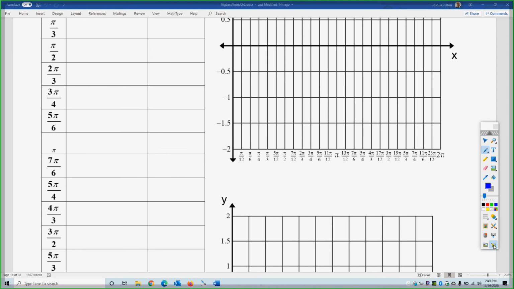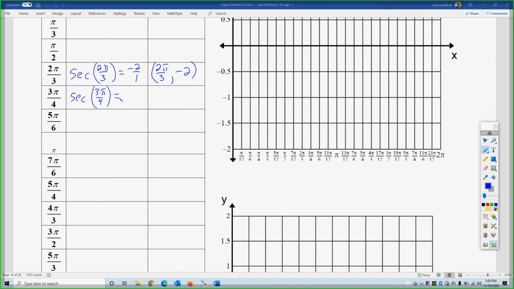Okay, so we left off at pi over 2, so next is 2 pi over 3. The secant of 2 pi over 3 would be negative 2 over 1. So therefore 2 pi over 3 is negative 2. And then we have the secant of 3 pi over 4.